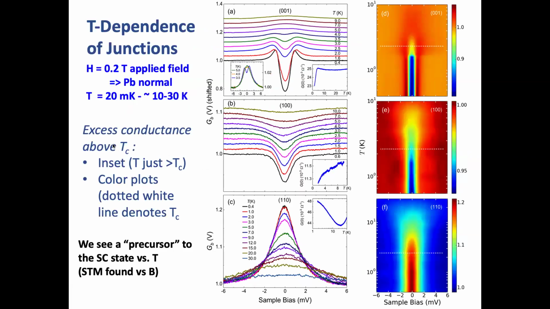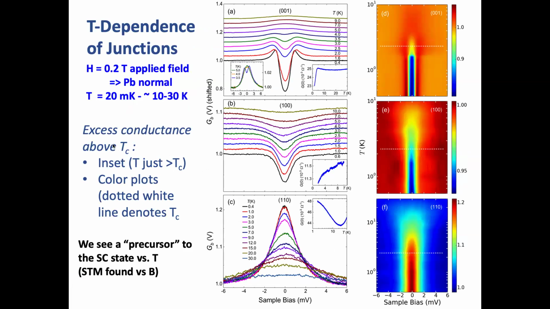Okay, temperature dependence. The next couple of slides show only the temperature dependence of these junctions. On the top is the 001, then the 100, and the bottom one is 110. What you can see is that we're looking at the superconducting gap.